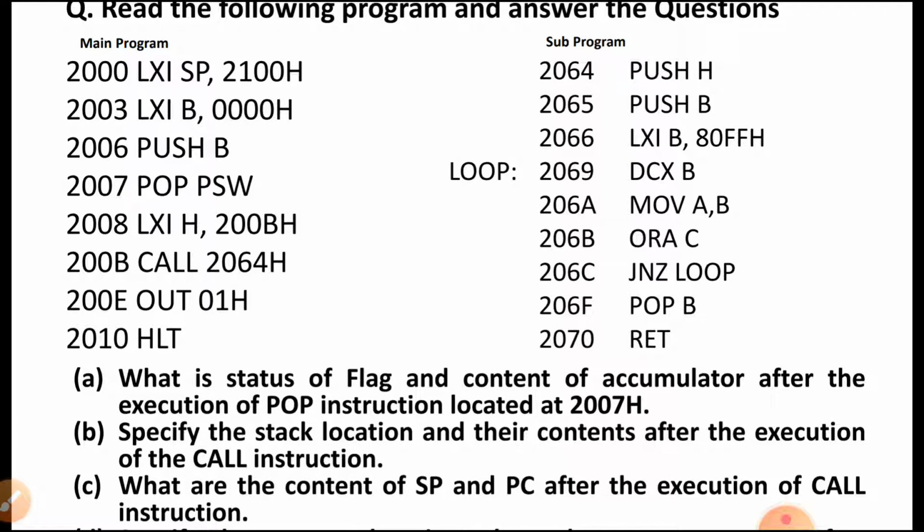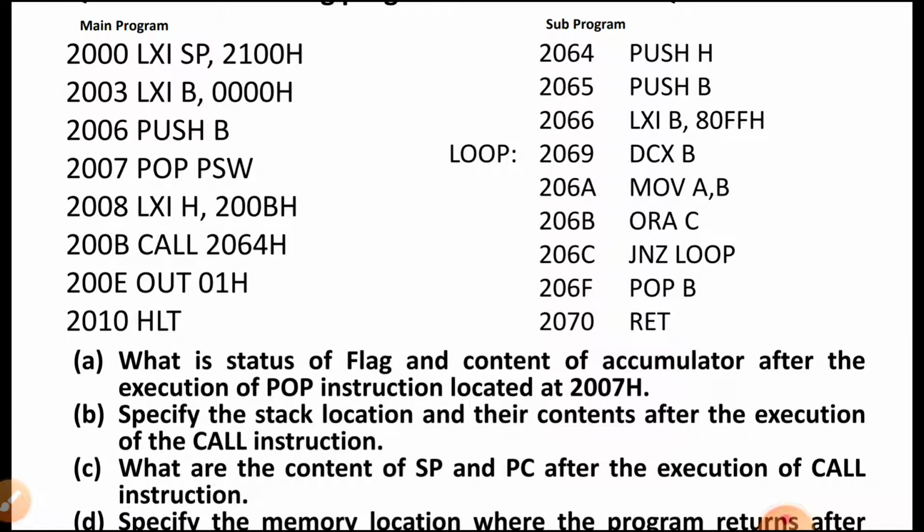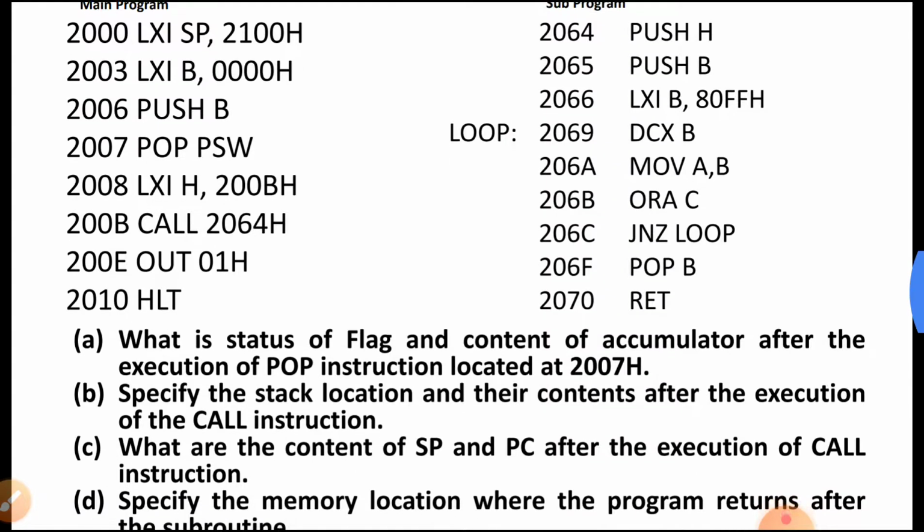Since the stack pointer is already initialized to 2100, it will be decremented by 1 and become 20FF, and the B register content will be stored there. Again SP will be decremented by 1 to become 20FE, and at that location the content of the C register will be stored. Both contents are 0, so 0000 will be stored at 20FF and 20FE.